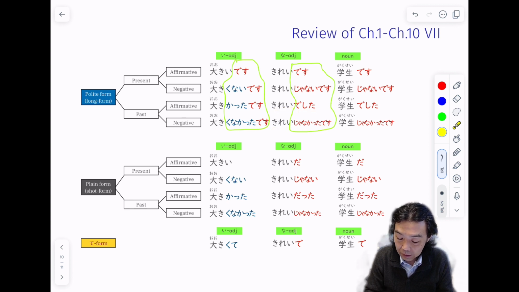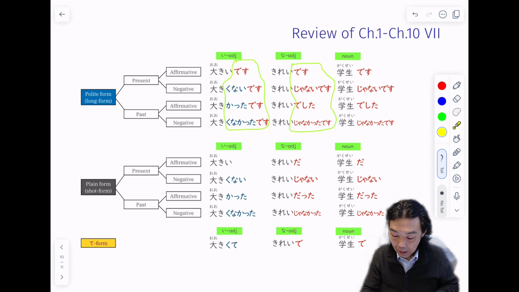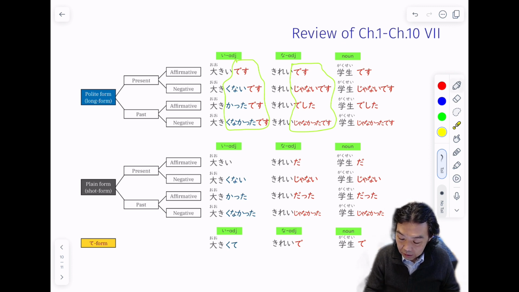And we do exactly the same thing with the nouns. 本です、本じゃないです、本でした、本じゃなかったです。Okay? So far, you just have to know these two things, right? So here and here.